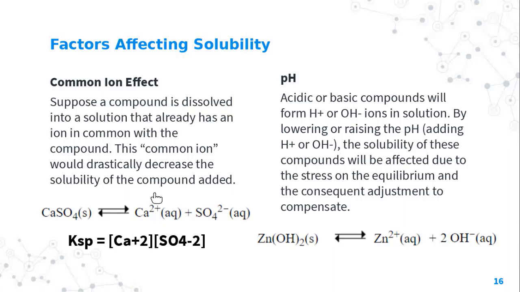So we have calcium that's already in solution. When we add our calcium sulfate in, it's not going to be able to dissolve as well as it would have without that Ca2+. So we just need an ion that's in common with either the cation or the anion.